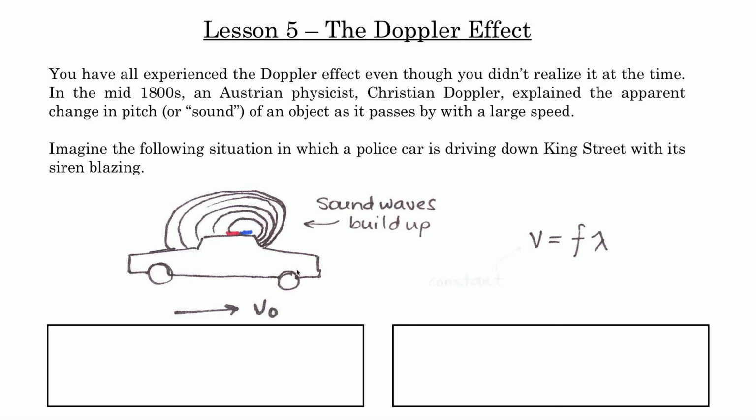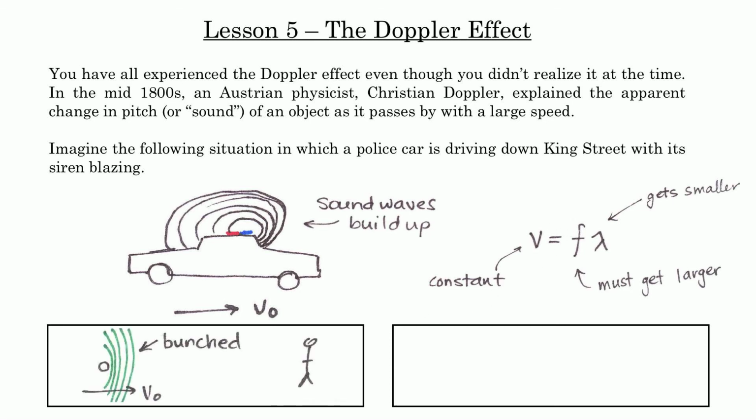If the sound waves bunch up, i.e. their lambda becomes smaller, their frequency has to become bigger. Lambda is getting smaller because the sound waves are bunching up, and in response, because v is a constant, the frequency gets larger. So as this police car is moving towards you, you would notice an increase in pitch.